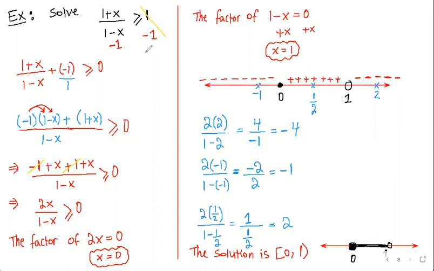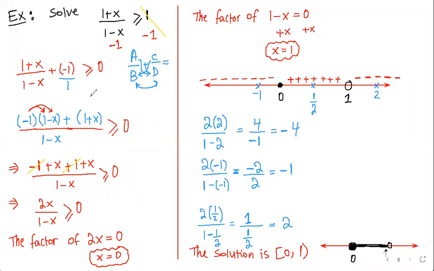Okay, perfect. Let me explain how we get it. Like in the first section in the book, we learn how to add any two fractions, a over b plus c over d. To do this, we cross multiply: a times d, b times c, over b times d. So here we're applying the same thing: 1 plus x times 1, negative 1 times this, over 1 minus x times 1.